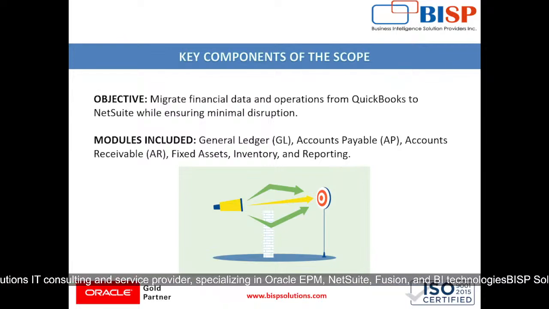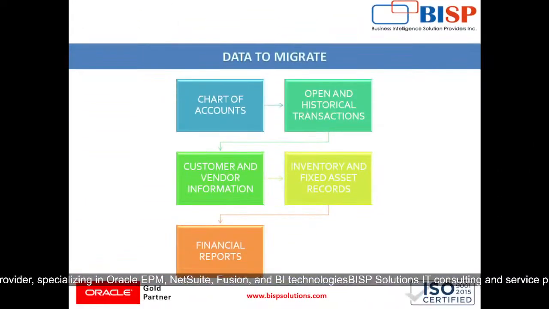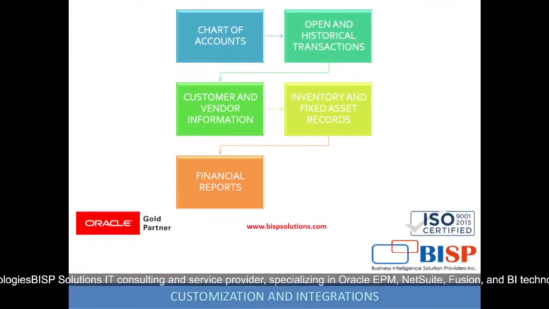The modules included are general ledger, accounts payable, accounts receivable, fixed assets, inventory and reporting. Then the data to migrate is the chart of accounts, open and historical transactions, customer and vendor information, inventory and fixed assets records, and financial reports.